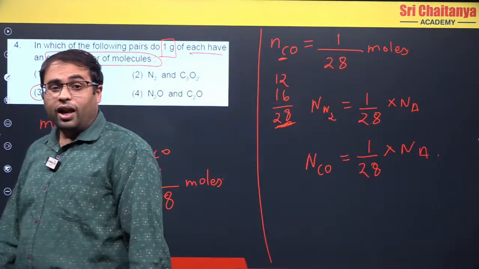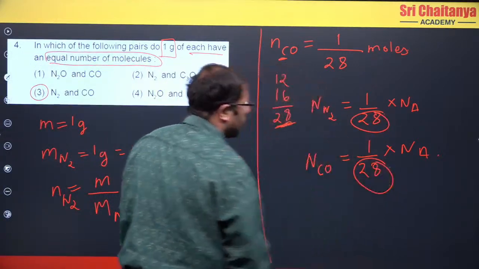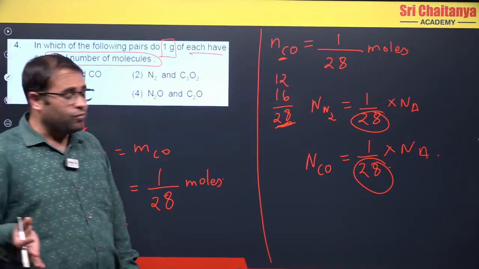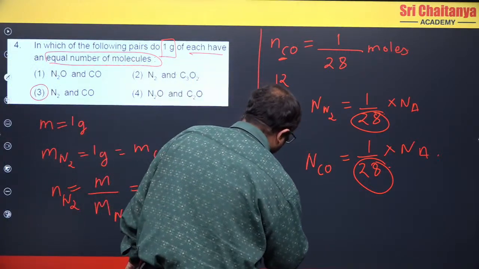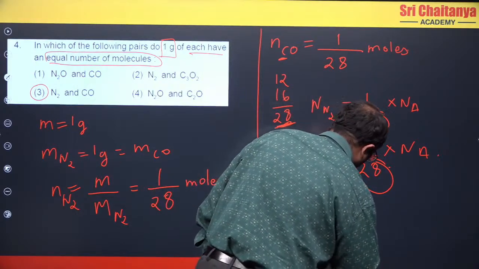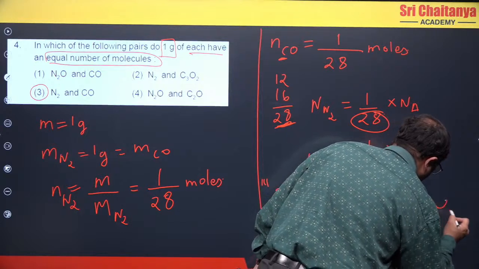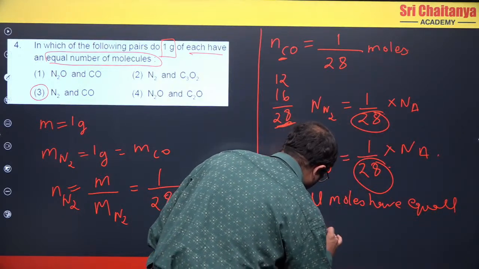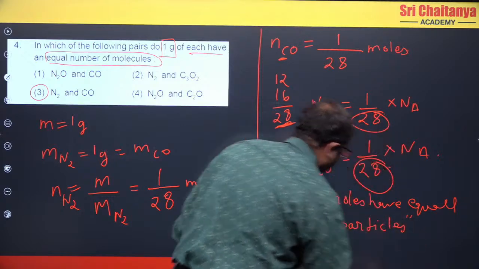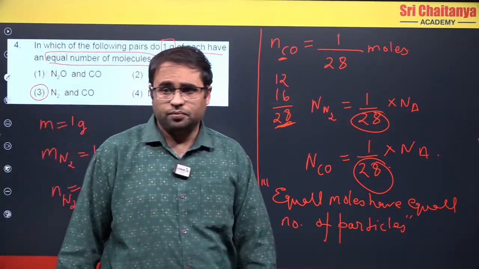You can see they are equal, because the molar mass is equal. So if they do not ask you the exact number of particles, one rule of thumb is: equal moles have an equal number of particles.